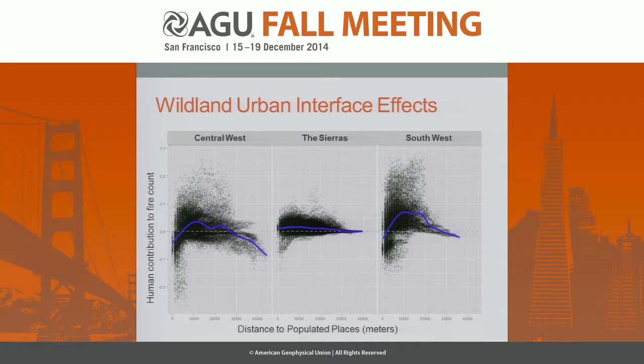So we can break this down by that same human contribution. We can break this down by distance to populated places. Here's a scatter plot for a few different ecoregions: the central west, the Sierras, and the southwest. What you can see is that routinely in areas that have really high density settlements, like the central west and southwest, there's a net suppressive force in the downtown central area, of course.